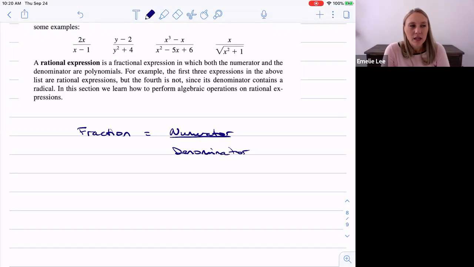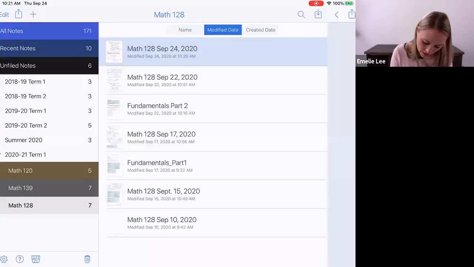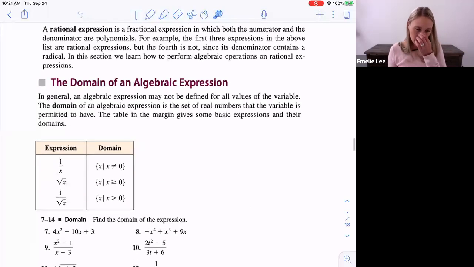So one thing, if we're dealing with expressions like these, right, fractional expressions, anything where we have variables up top and in the bottom, or just one of these places, we're going to have to deal with the domain of the expression. Okay? So the domain is essentially all the values that we're allowed to have.